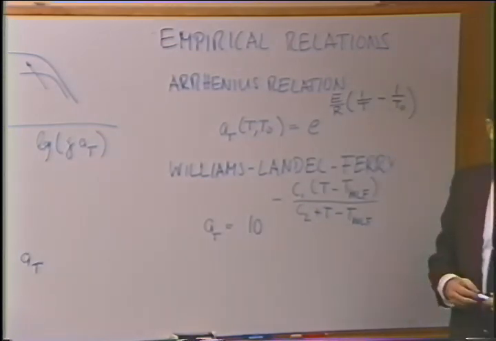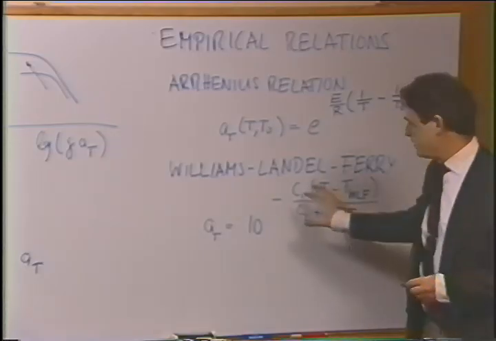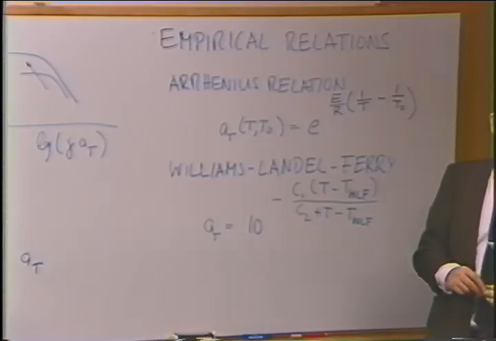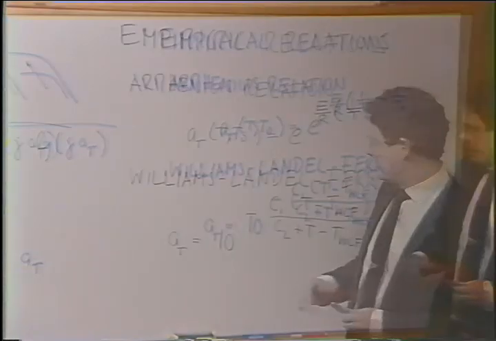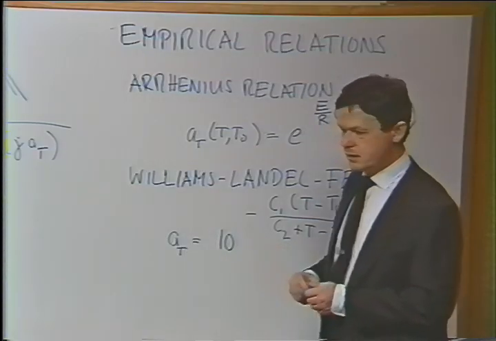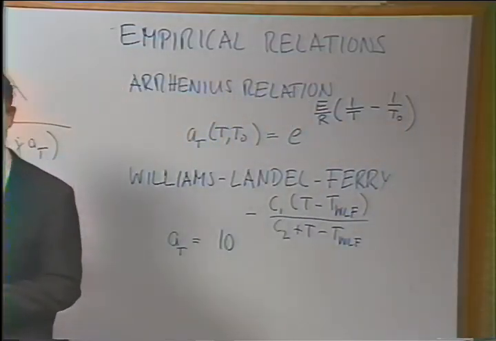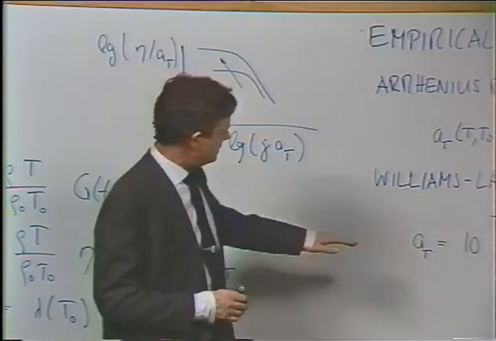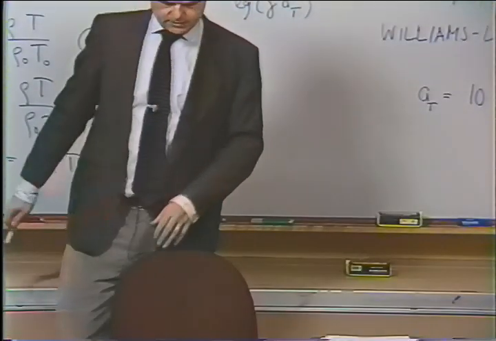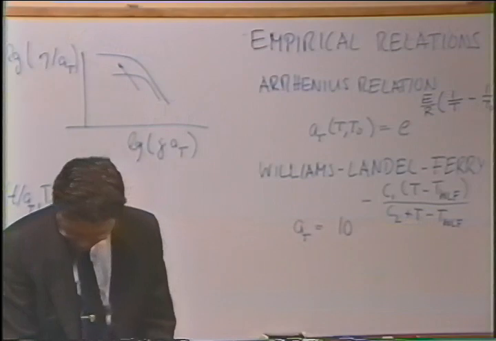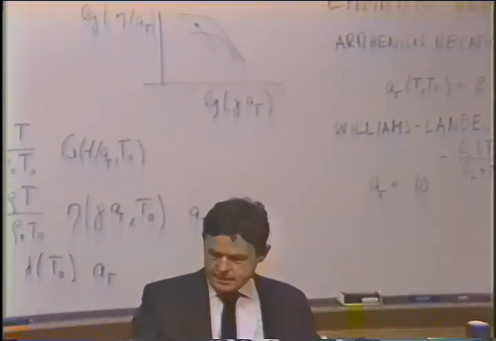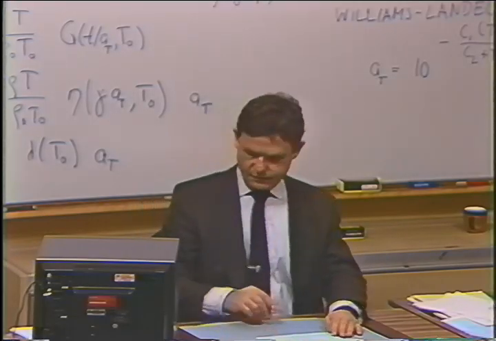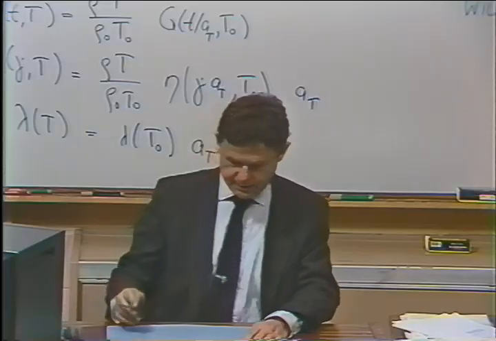Okay? So that's a relation which describes a large range of data, a large range of observations at various temperatures. And it also holds near Tg. We are still talking about the flow behavior, so we are above the glass transition temperature, but near Tg, the WLF equation holds and describes the data very nicely. I brought some values here for the parameters in this function.